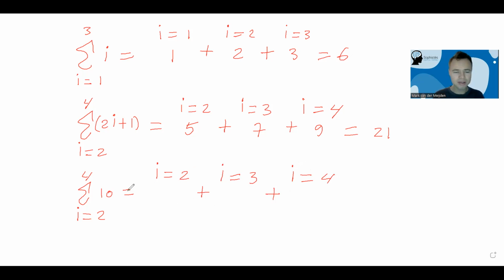If the i is 2, then the value of my expression is still 10. If the i is 3, it's still 10. If it's 4, it's still 10. So we get 30 here. We are still using the i's to know how many 10s we need to sum up, and that's what we're doing here.